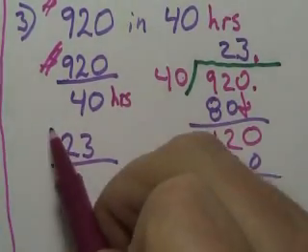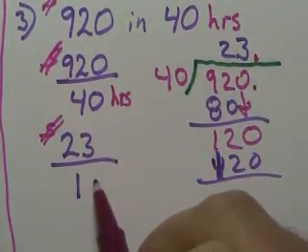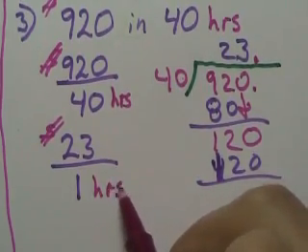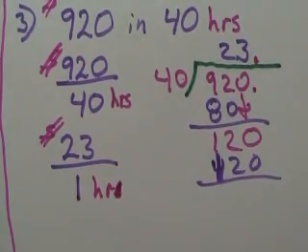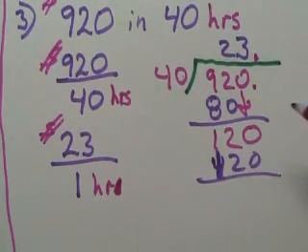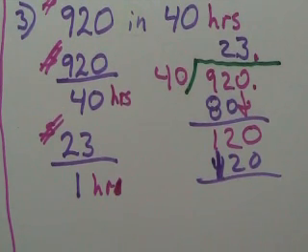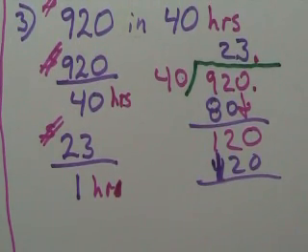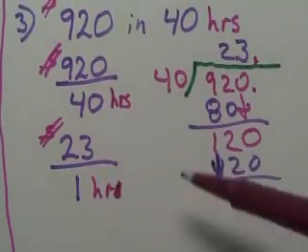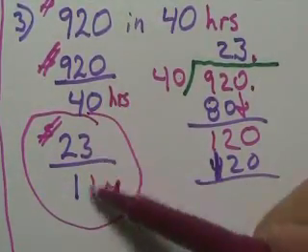So that means it's $23 for 1 hour, not hours, but 1 hour. $23 per hour. Is that pretty good pay? Yes, that is good pay. Remember, the minimum wage is $8 per hour here in California. 23 is very good. So there's our unit rate, $23 per hour.